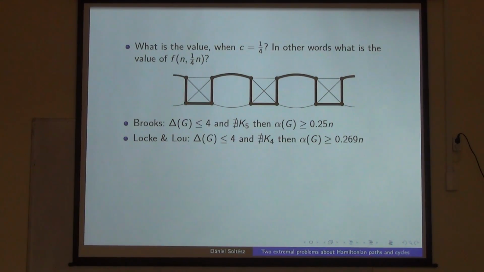So I really skip the lemma, and I just want to say that using this theorem and some 10 plus pages of work, so really one has to work for that, one can prove that if we have a graph that's a union of two Hamiltonian cycles and the independence number is at most a quarter times n, then the union of these two Hamiltonians, so the graph, must be covered by disjoint K4s. So in a very specific sense, it must look like that. I mean, you might connect them in a different way, but it must be covered by disjoint K4s.